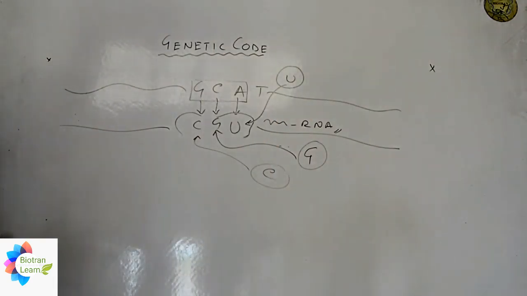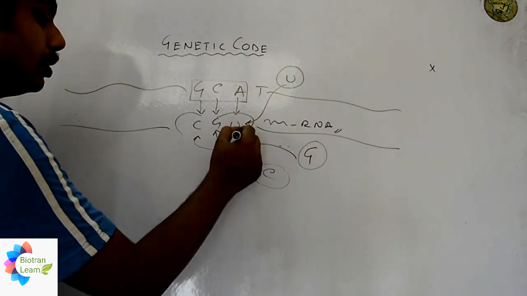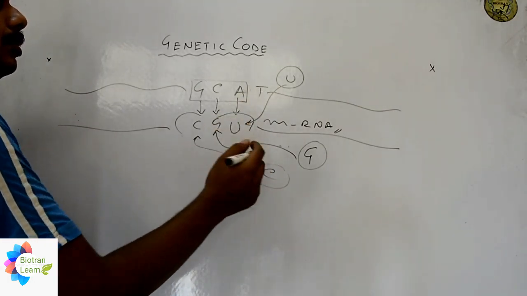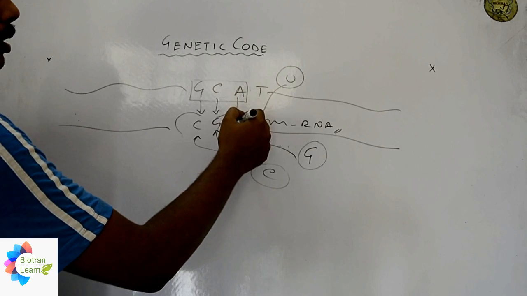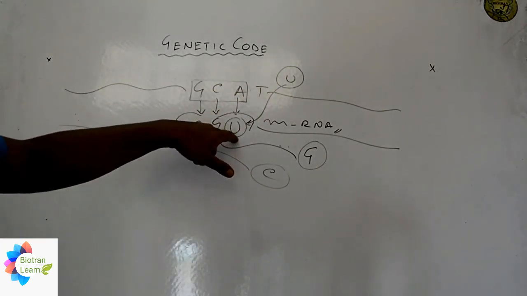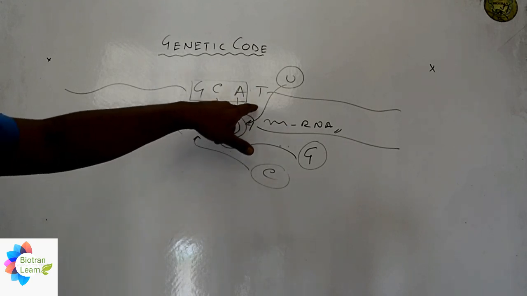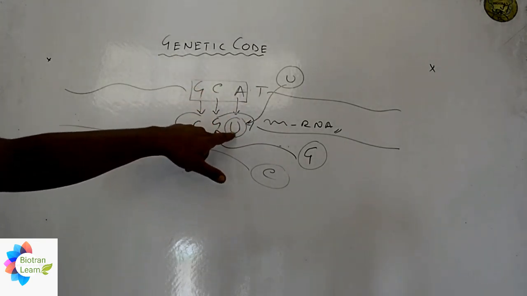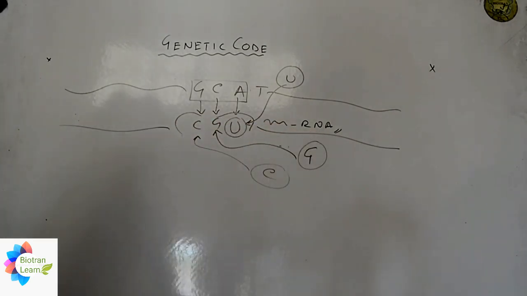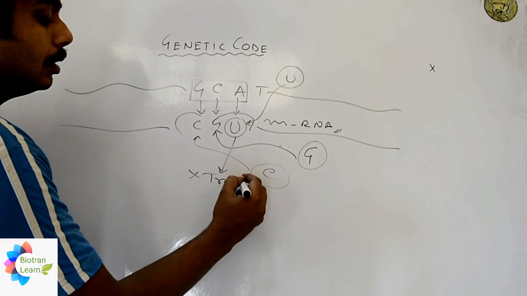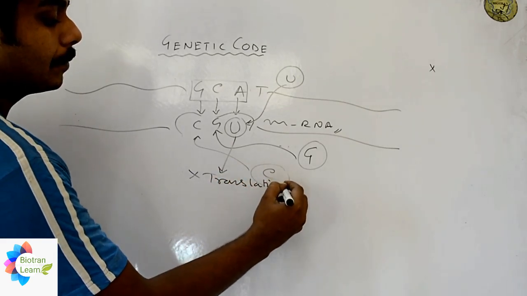Lastly, as I told you earlier, this was T, but T is always replaced by uracil during mRNA formation. Thymine is always replaced by uracil during the transcription process to produce mRNA, otherwise no translational work will follow.